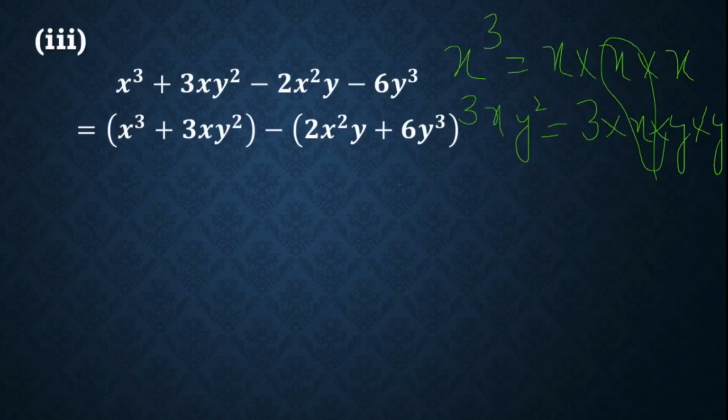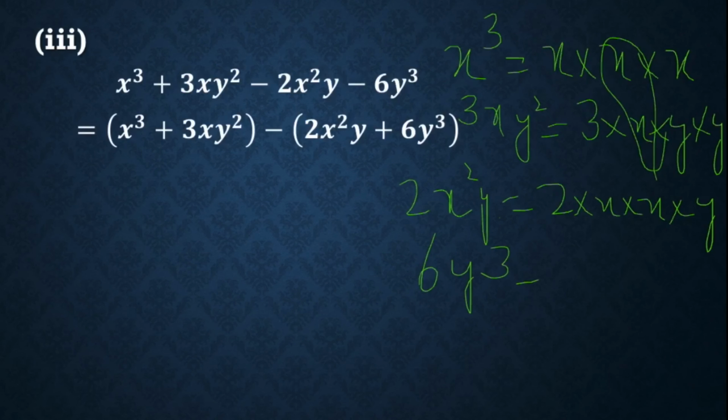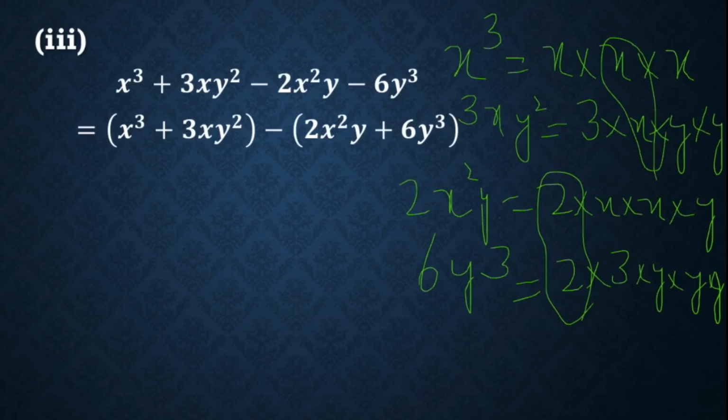Similarly, 2x square y can be written as 2 multiplied by x multiplied by x multiplied by y. Similarly, 6y cube can be written as 2 times 3 times y multiplied by y multiplied by y. So what can we take common from here? This 2 and this y.